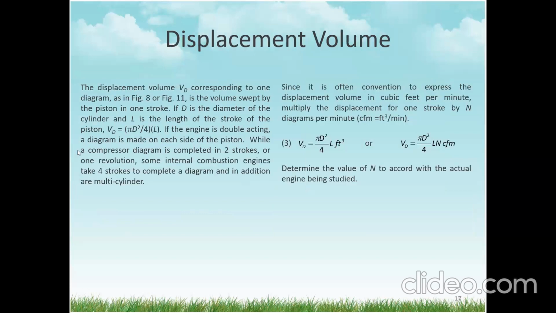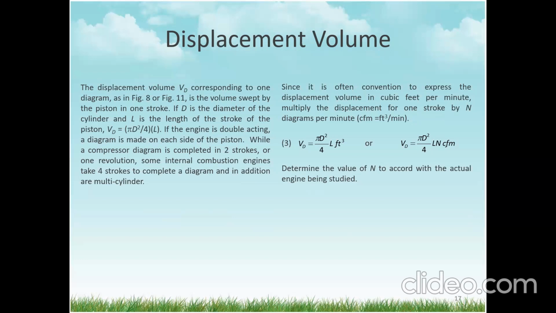Next, displacement volume. Often we take the diameter, bore and stroke of the cylinder. Even in a diesel engine it is the same, right? In an engine, there is a cylinder, in the reciprocating type. The displacement volume, B sub D, corresponding to one diagram as in figure 8 or 11, that is B sub 1 minus B sub 2, is the volume swept by the piston in one stroke.